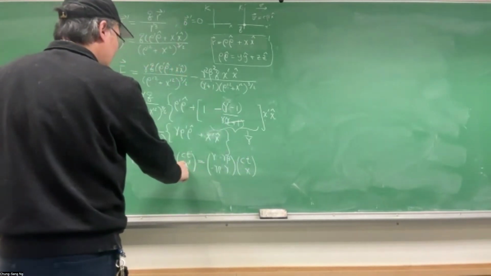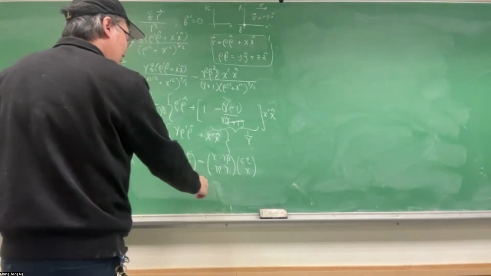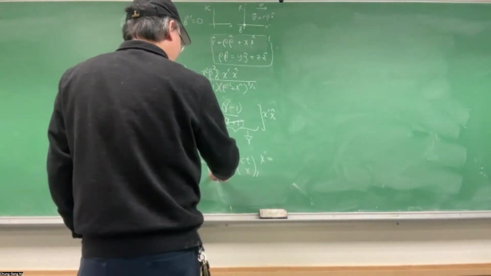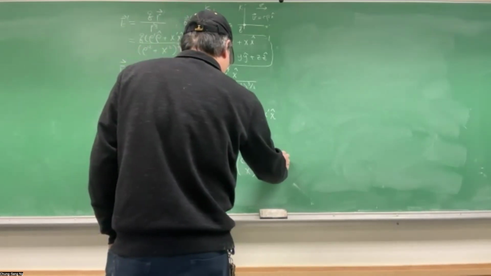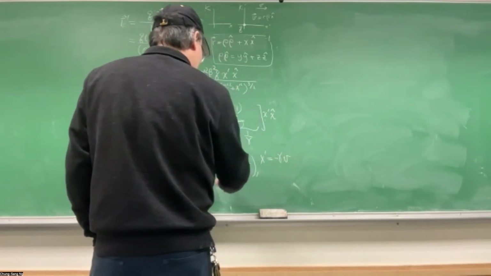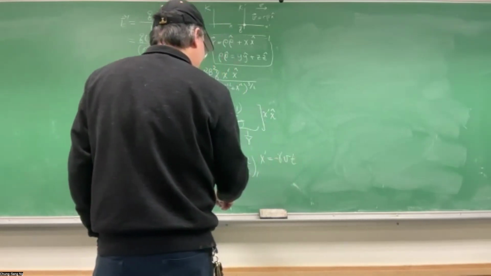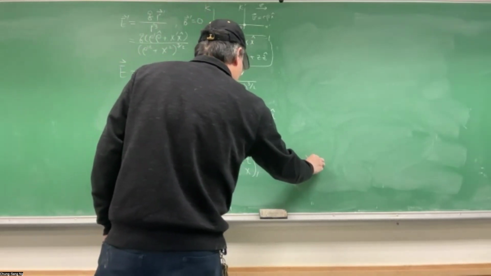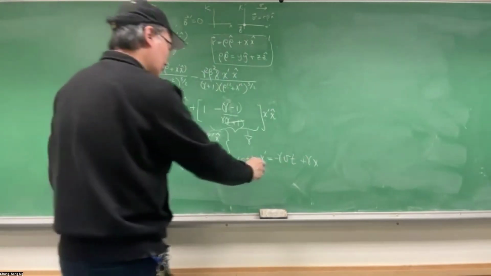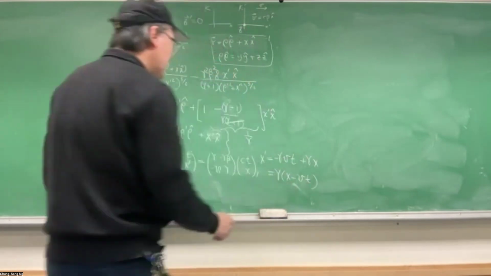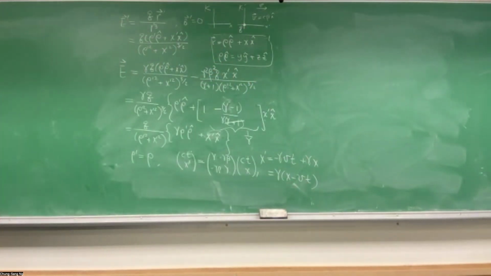And we only need the second one, so x pi is minus gamma c times beta, which is v times t, and then plus gamma x. Or you can take the gamma out, so gamma times x minus vt. Okay, so not too bad.